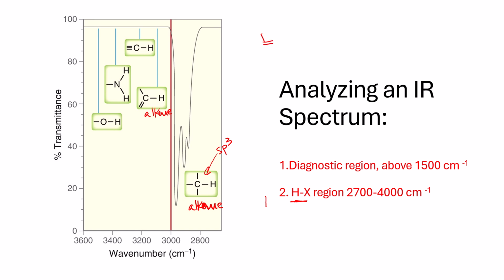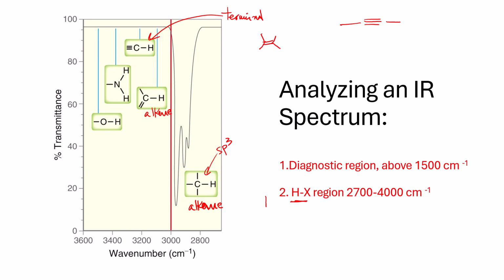If you have, for example, a tetra-substituted alkene, you will not have this signal because all of them have R groups. Same with alkynes. Alkynes will be at about 3200 cm⁻¹, but this is only for terminal alkynes. If the alkyne is not terminal and you have two R groups, then you lose that signal with the H.